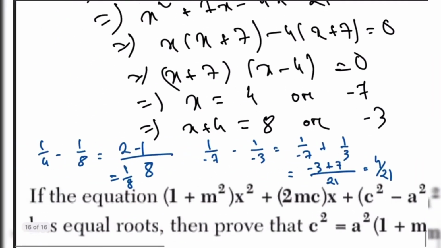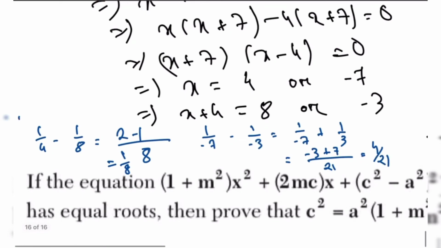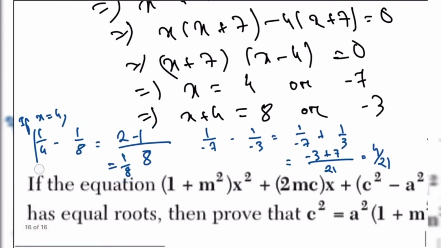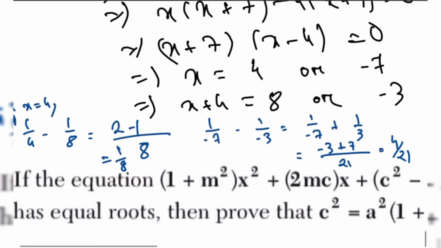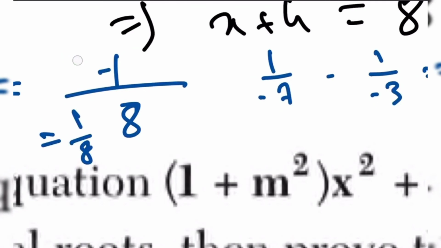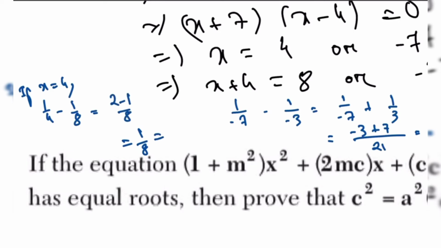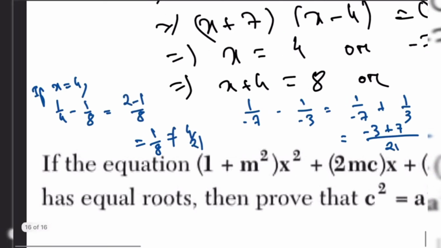So of course these you have to write in more detail. If x equal to 4, then this will happen, and okay, let me think, write it. So 1 by 8 is not equal to 4 by 21 as we wanted in the question.